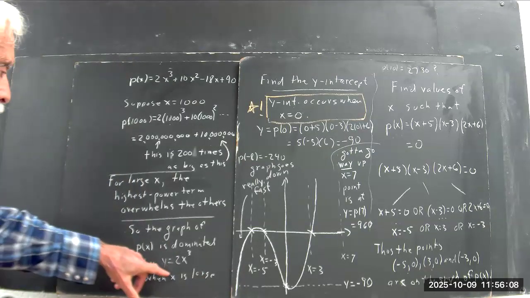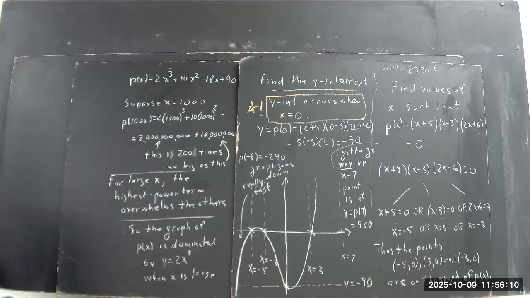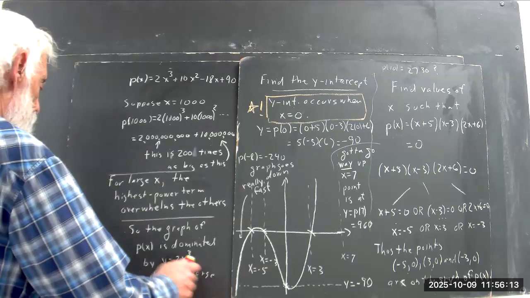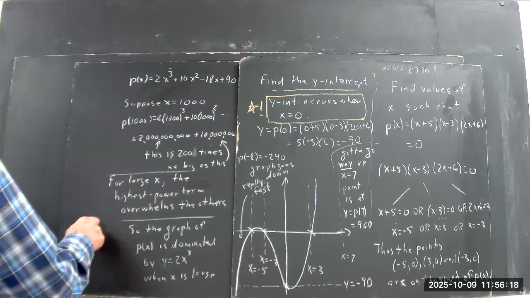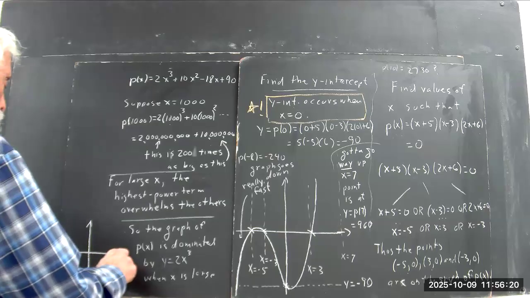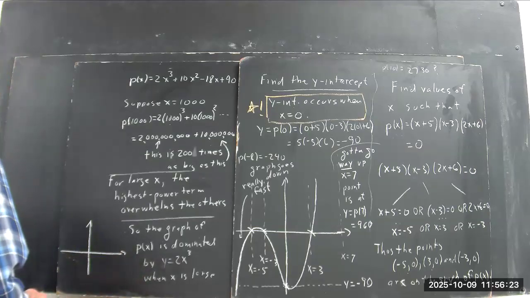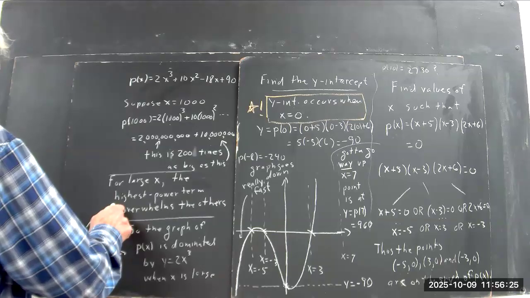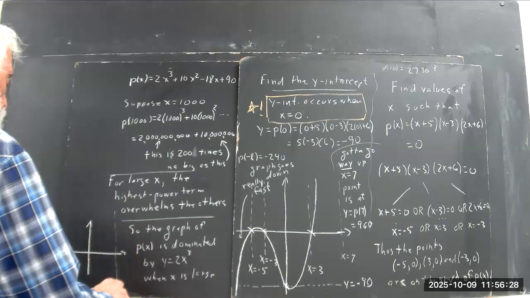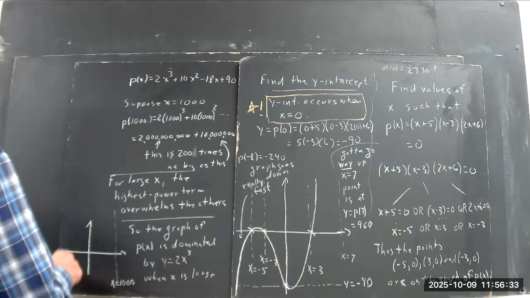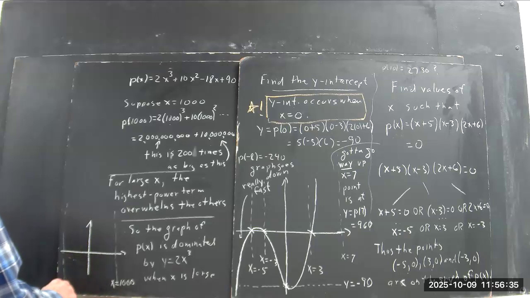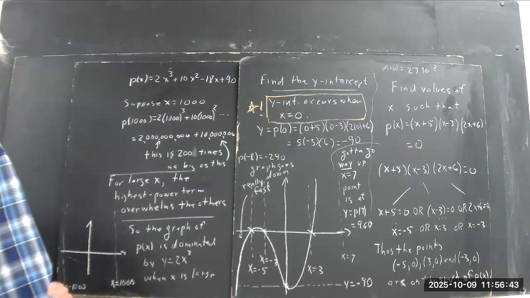Okay, so I say the graph of P of x is dominated by y equals 2x cubed when x is large. This gives us a picture like this. Let's say we have x equals 1,000 here. x equals negative 1,000 here.